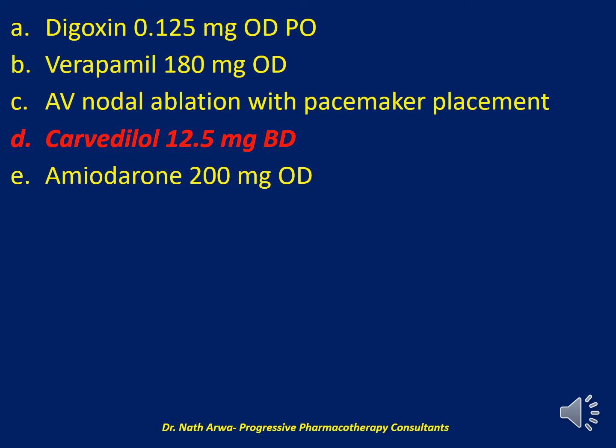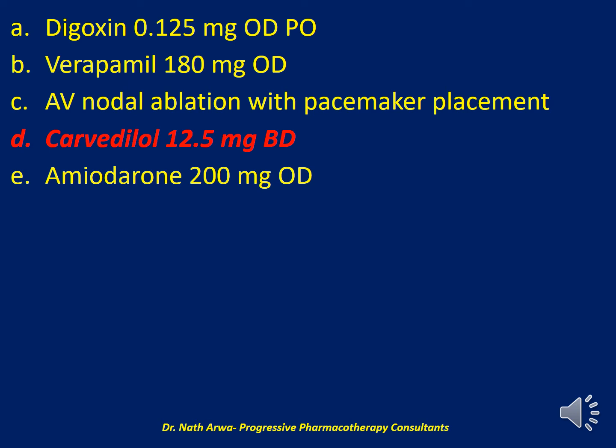Now, since this lady ALK has left ventricular dysfunction with an LV ejection fraction of below 40%, a non-dihydropyridine calcium channel blocker should not be used due to possible hemodynamic compromise. There will be problems.